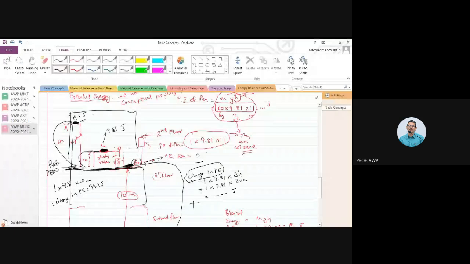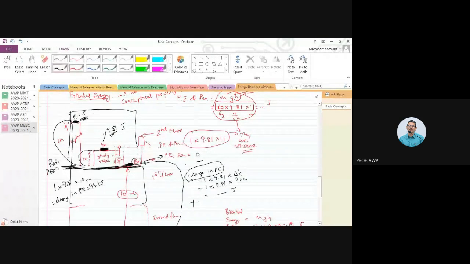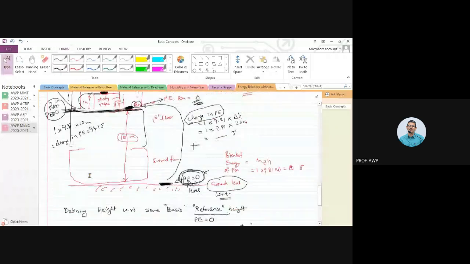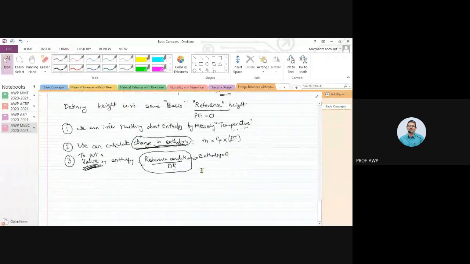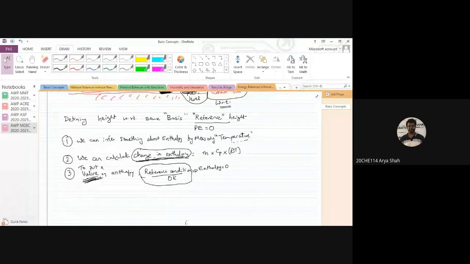We are putting a value with respect to either this reference or this reference. Or you might want to put the reference as the center of the earth. Is that okay? Yes, sir.